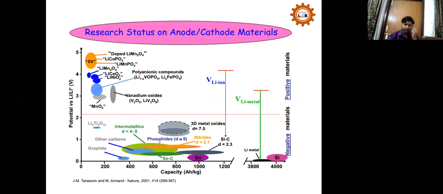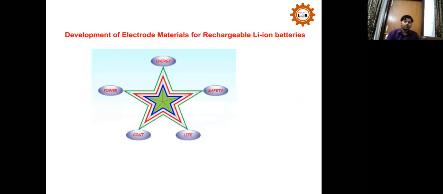Here are different kinds of lithium ion batteries and their potential, how much the voltage and capacity will be. So for choosing the battery, again we need to decide whether we need more energy, more power, or we want to invest more, or we want more life.